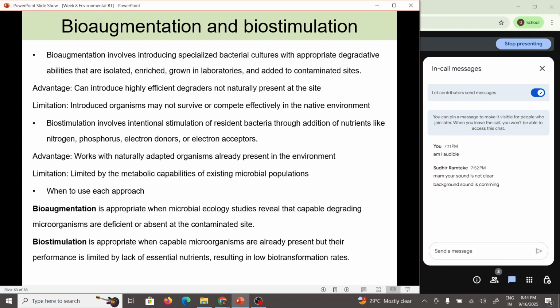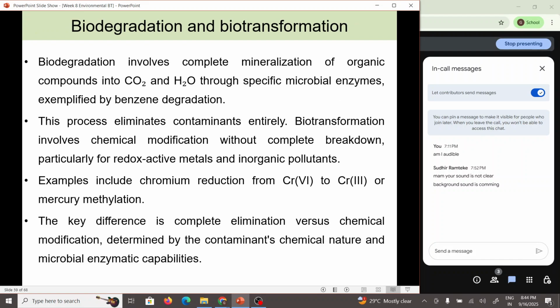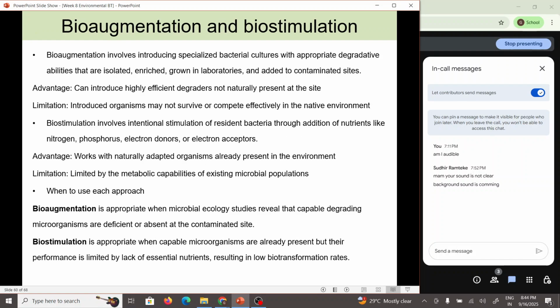And next is the difference between bioaugmentation and biostimulation. The difference between biodegradation and biotransformation is method based, process based. In bioaugmentation and biostimulation, it is not method based, but instead, before the starting of the method itself, what kind of human intervention is required. Based on that, we classify the process into a bioaugmentation process or biostimulation process.